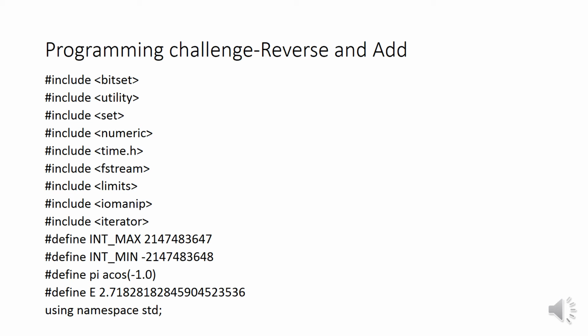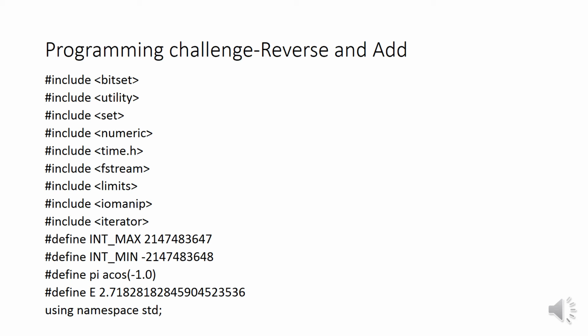We require only the single file defined in the last PPT, that is iostream. Also time.h, vector as well as map. These are the 3 to 4 header files we require.